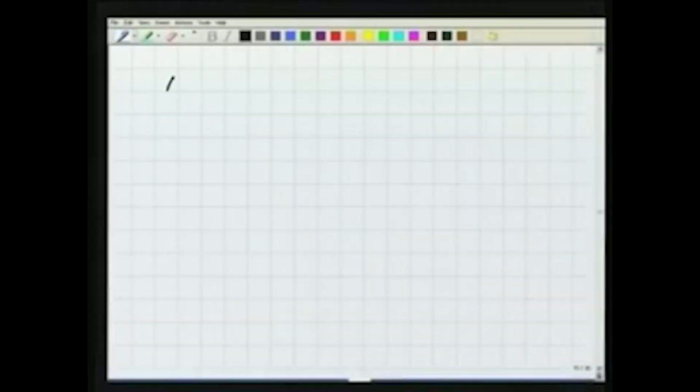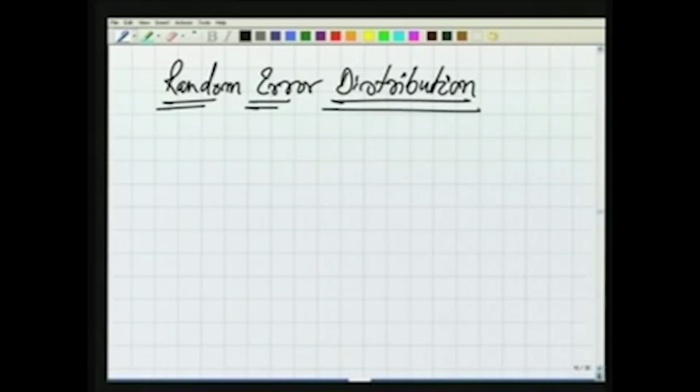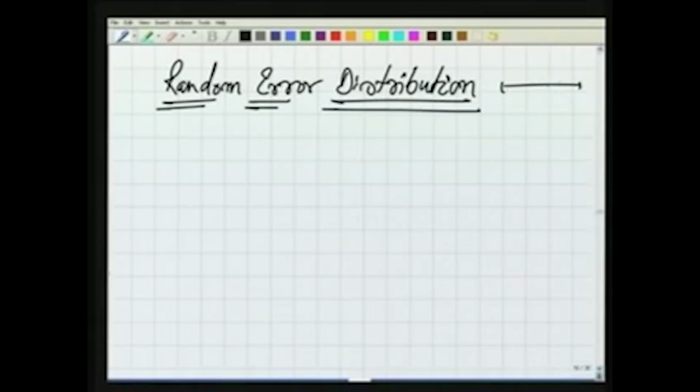Well, having said that, now we will see another important thing, that is random error distribution. We have already seen some of the things, but we would like to see it in detail now, how the random errors are actually distributed. In doing that, for any set of observations, for example, let us say this is a variable or a length which we need to measure.